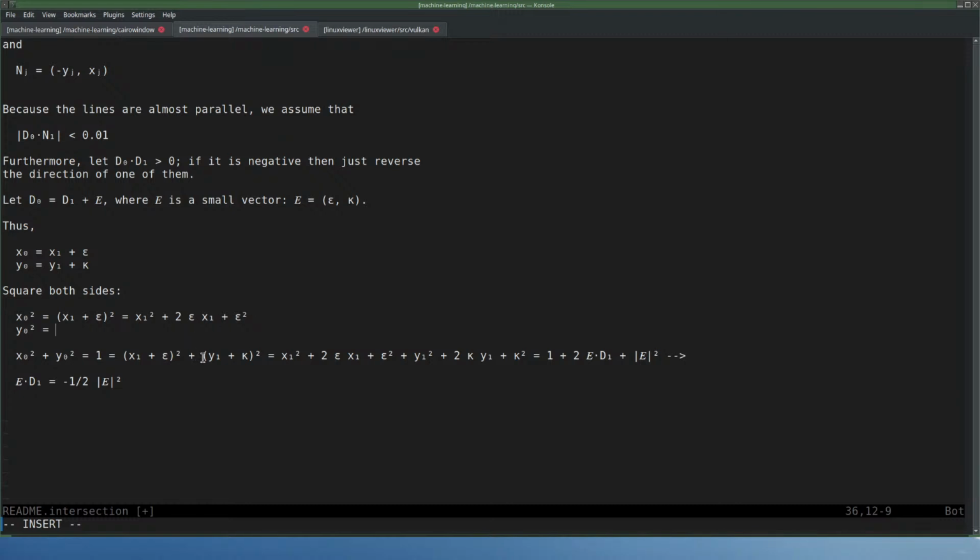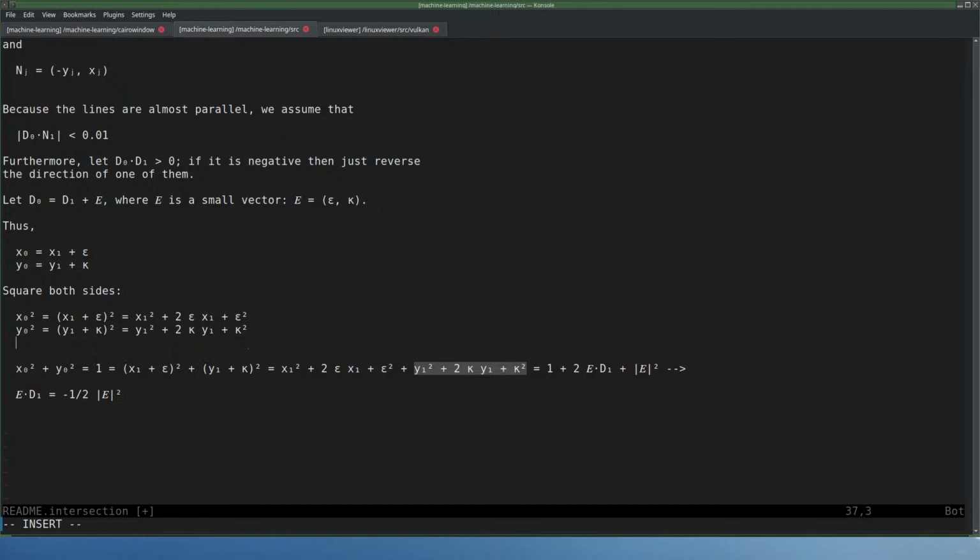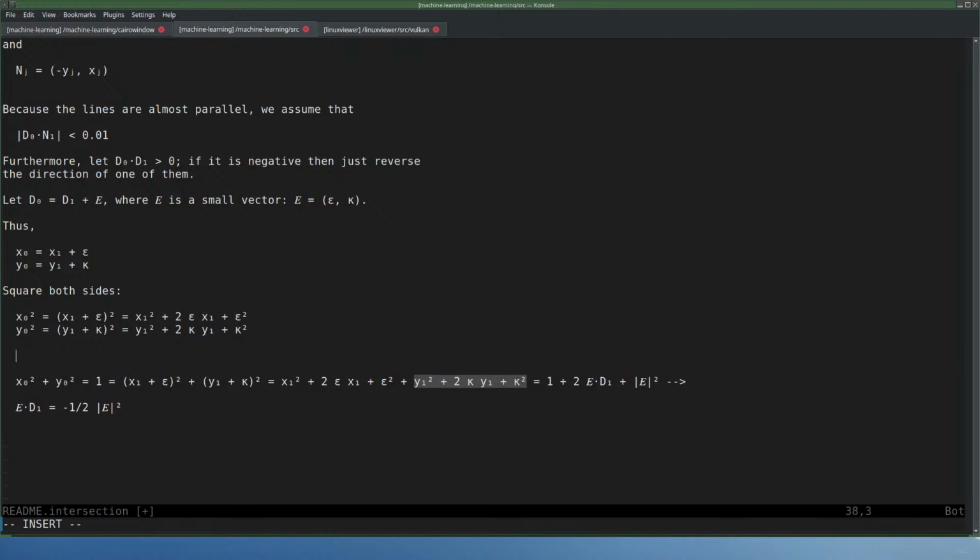Is that one squared, which is y1 squared. Oh, this is much easier to check, you know. This is like, yeah, of course, this is true. Add both.